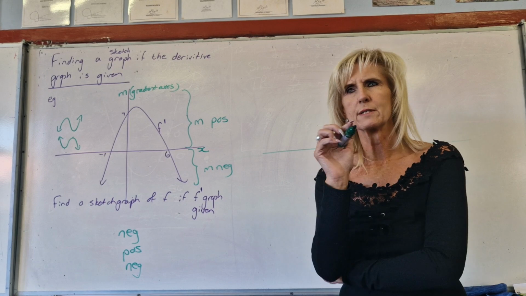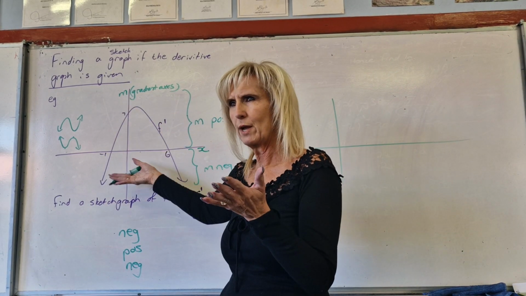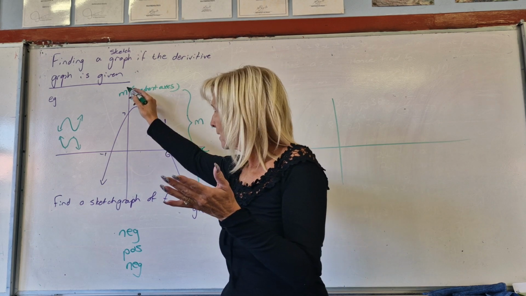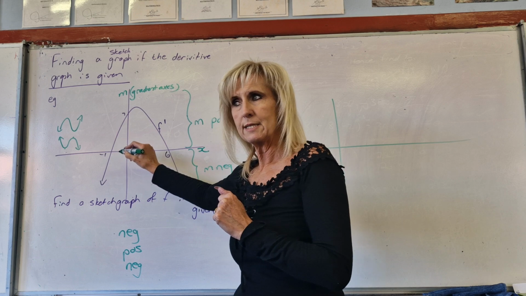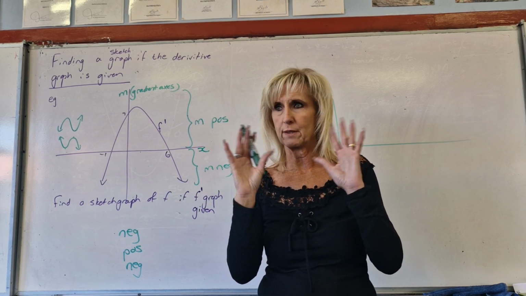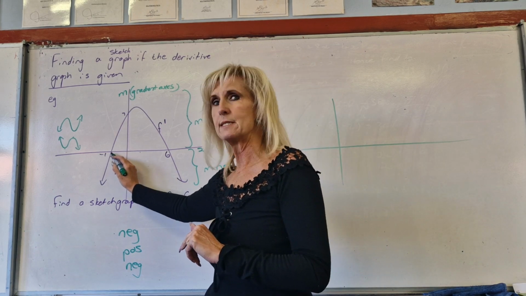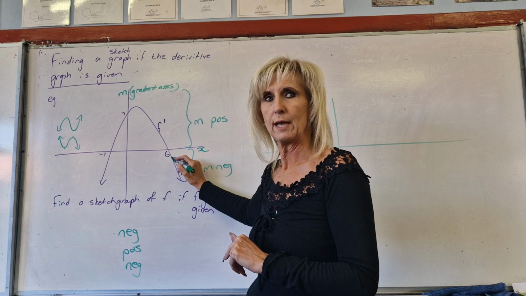Where are the turning points? Where the gradient is zero. Where's the gradient 0? Gradient is 0 at x equal to -1. Gradient is 0 at x equal to 6. So you're starting to learn to read this differently. So the gradient is 0 where x is -1. The gradient is 0 where x is 6.